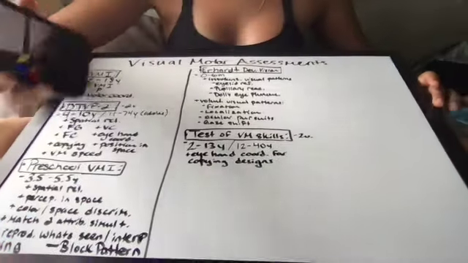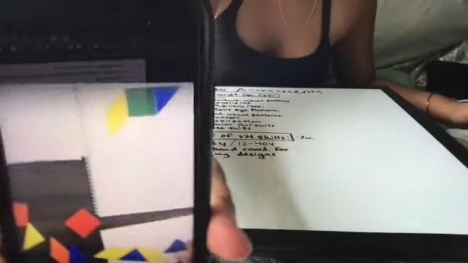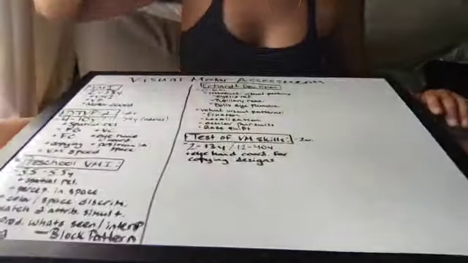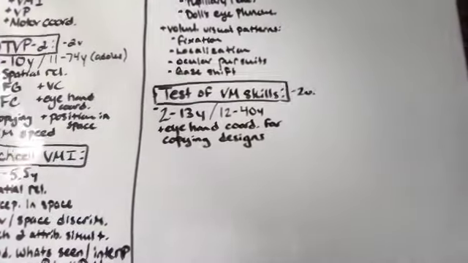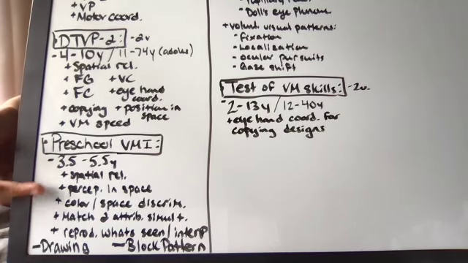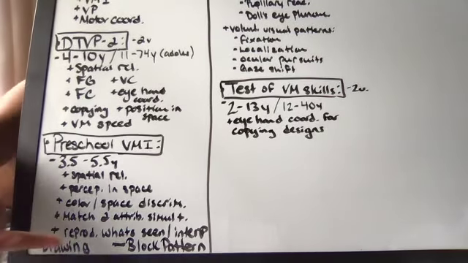And then that works on strictly just shape discrimination. You can build on top of shapes. So then they have to match the shape in that way. So it's addressing a lot of these different areas through these 2 subtests.